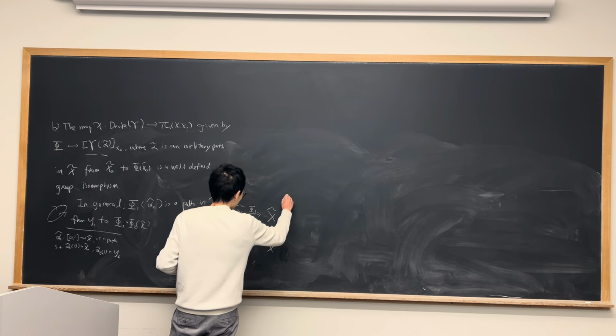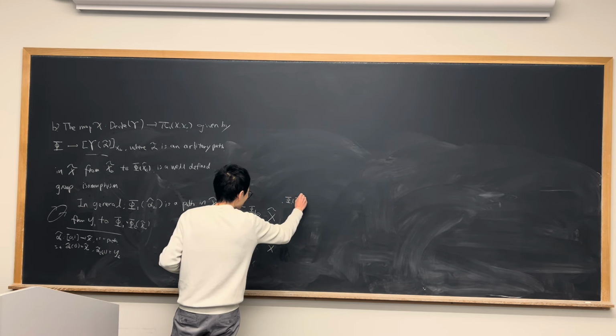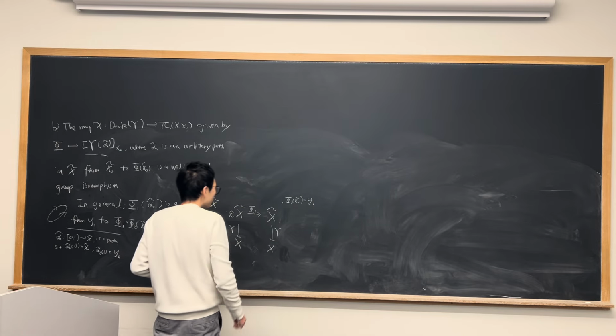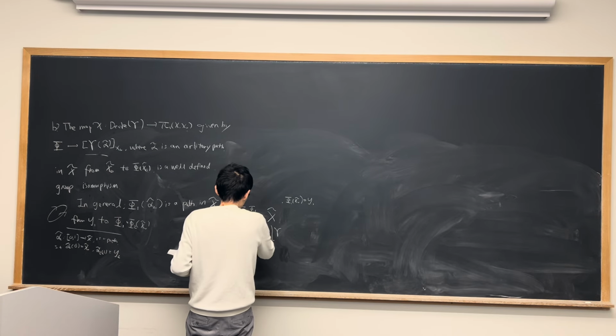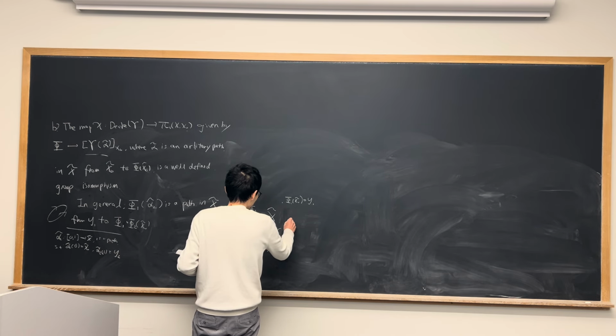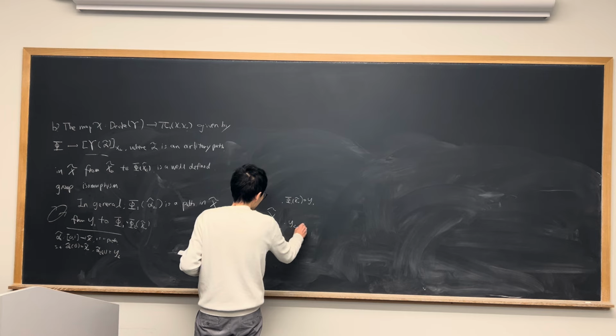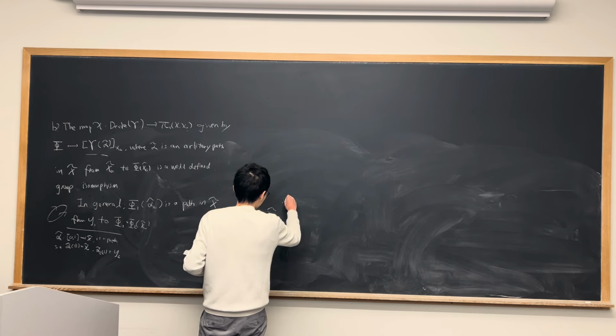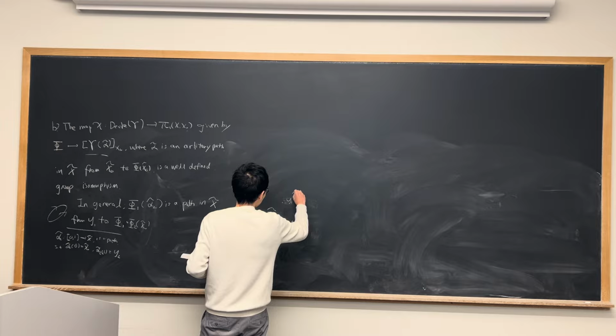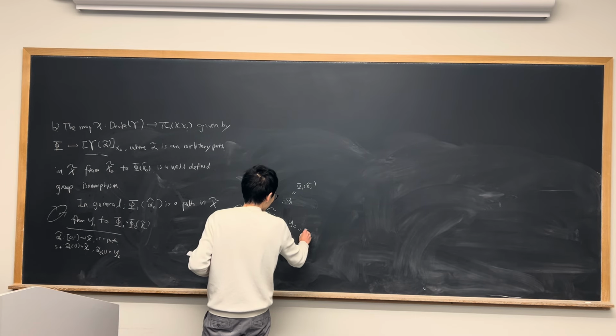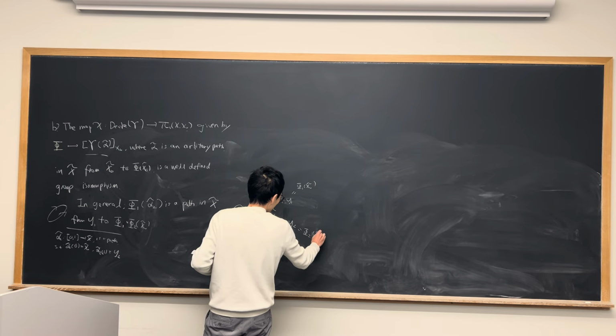Let's say this is phi 1 of x naught tilde, which is y1, and then another point, y2. So y1 is phi 1 of x naught tilde, y2 is phi 2 of x naught tilde.